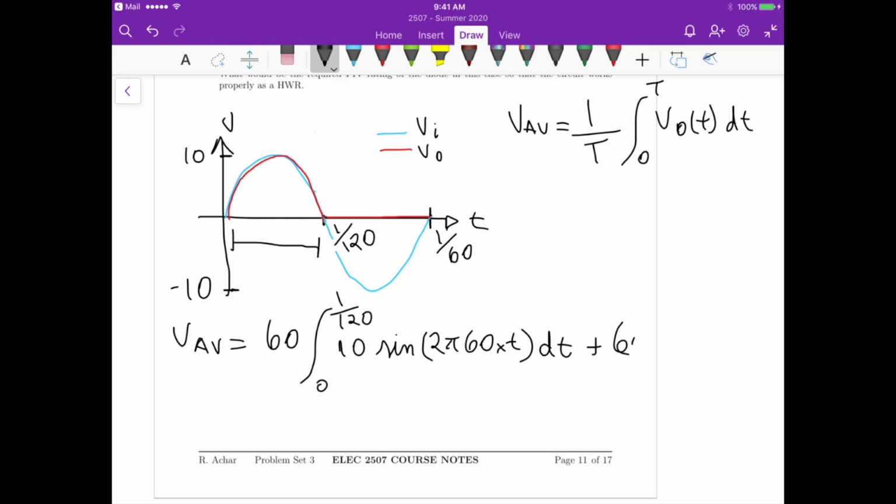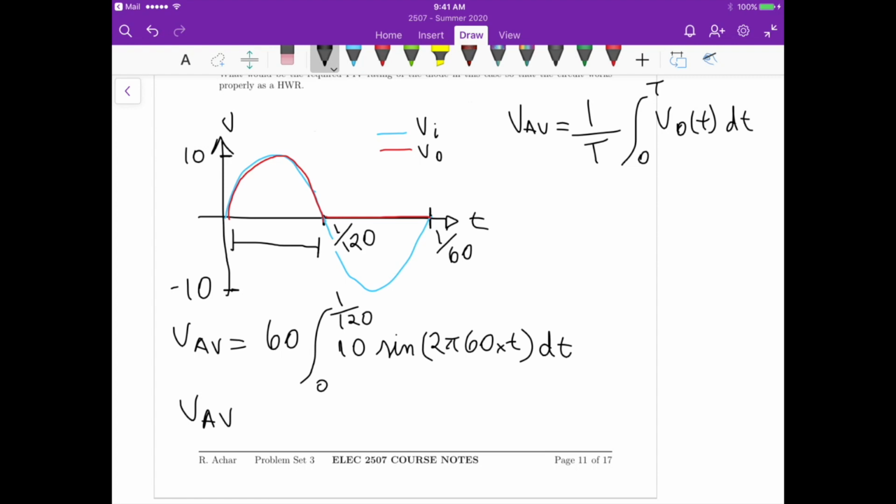Plus 60 times the integral from 1 over 120 to 1 over 60 of 0 dt. The integral of 0 is going to be 0, so we can just ignore this second part.